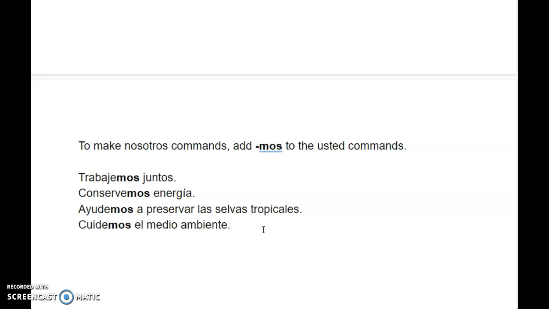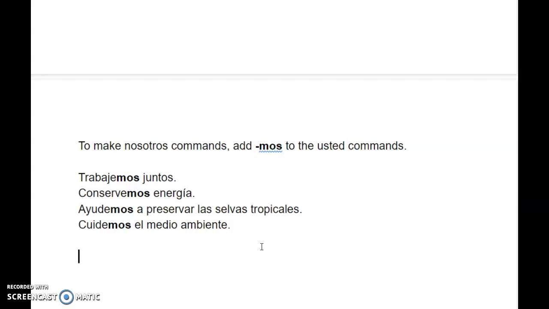All right, let's go ahead and look at number 1. It says limpiar las calles cerca del colegio, to clean the streets near the school. Okay, so we're going to make this a let's. Okay, so limpiar, if you notice there, is an AR verb.